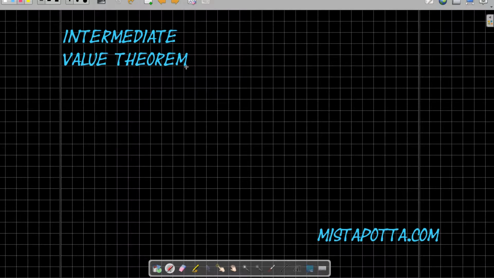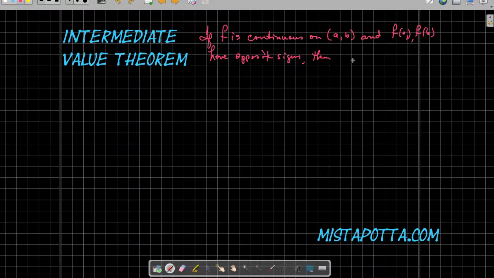The idea behind the intermediate value theorem is if f is continuous on the interval a, b, and f of a and f of b have opposite signs, then there must be a c where a is less than c is less than b, where f of c equals 0.